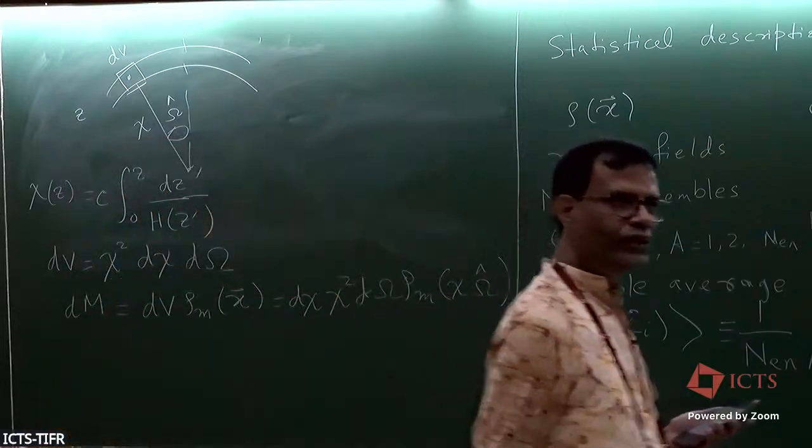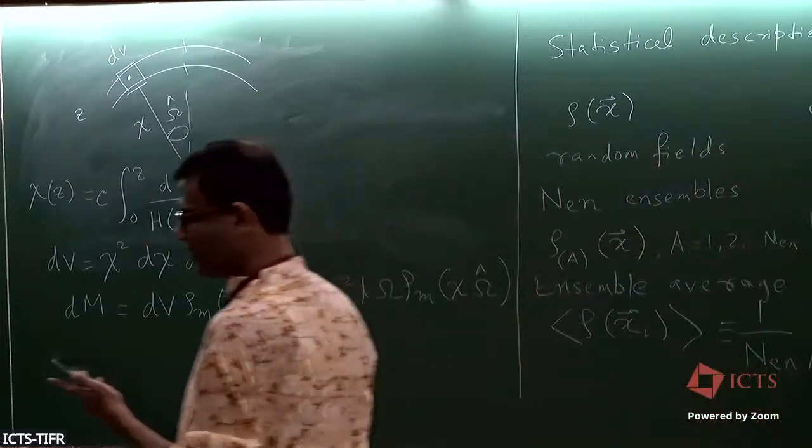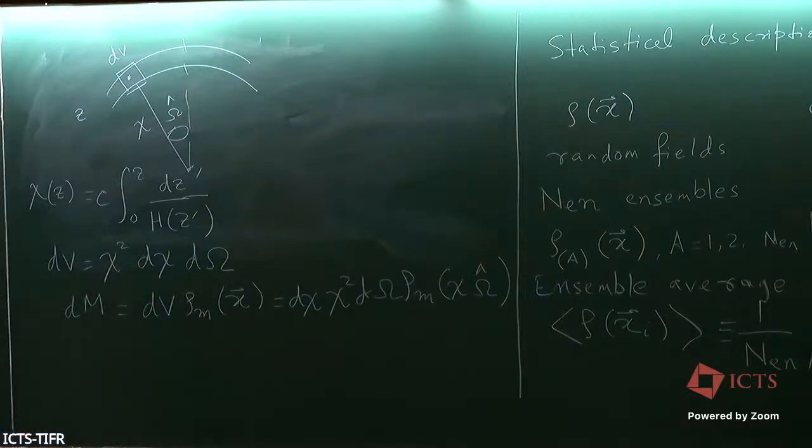Now suppose you think of an extreme situation where you are given only the angles, okay? You don't have any redshift measurements, okay? So it's like you are looking at the sky, you are seeing all these objects. You have no clue how far they are. Then the best you can do at that point is to calculate the density on the surface of the sky. So at that point you will calculate something which is the projected density.